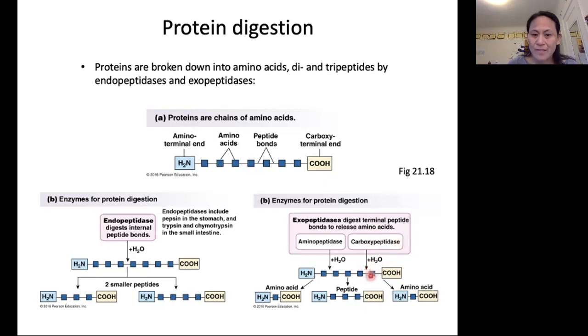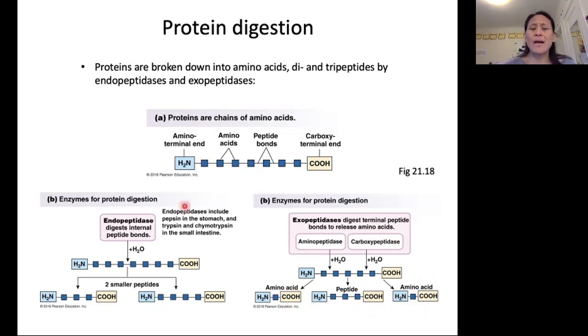We're chopping off this amino acid to give us that amino acid, freed from the rest of the peptide. And then we have aminopeptidases, which are going to chop off individual amino acids from the N terminus, right? So we have our amino acid being freed from the rest of the peptide over here. Okay, so we have an individual amino acid, and the rest of the peptide here.